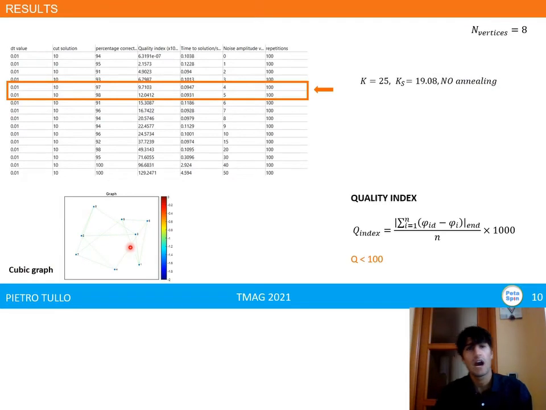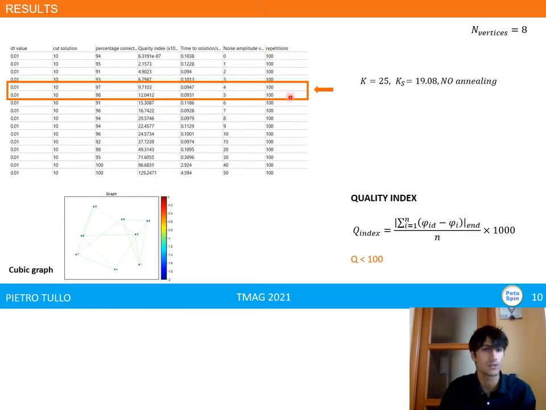Here we have our results with the optimal values of the noise amplitude, where we have a very low time to solution, a very low quality index represented here, and also a very good percentage of correct results, near 100, for the number of repetitions.